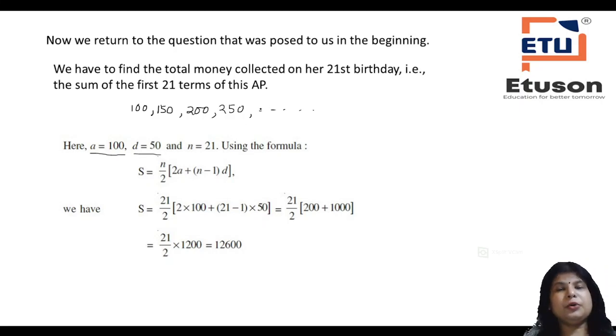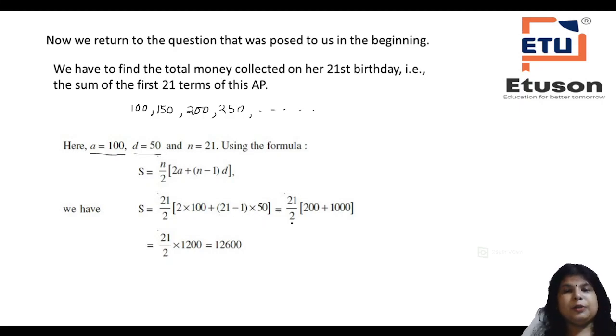Here you don't know the last term, so you can use this formula: S is equal to n by 2, 2a plus n minus 1 into d. Now all the values you know here: n is equal to 21, a is equal to 100, d is equal to 50. So we have just substituted the corresponding numbers, that is 21 by 2, within the bracket 2 into 100 plus 21 minus 1 into 50.